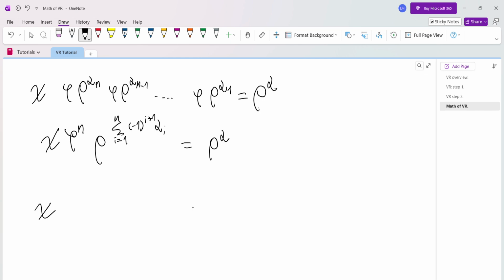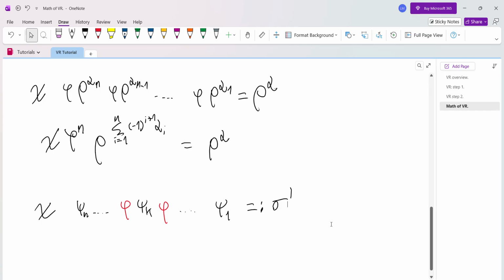So I just say psi, and now here you have, and I just call this sigma prime. And we assume that this is the identity.